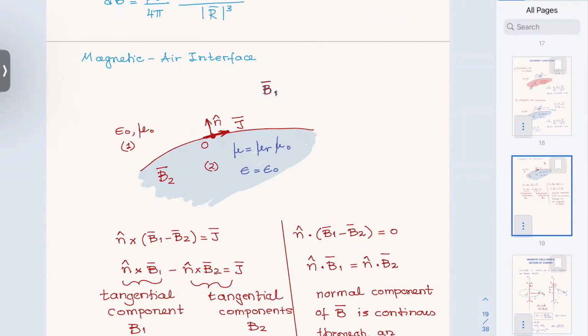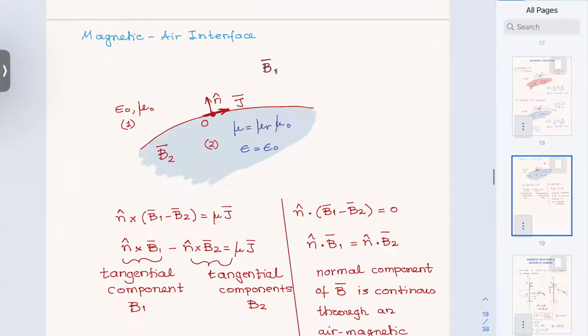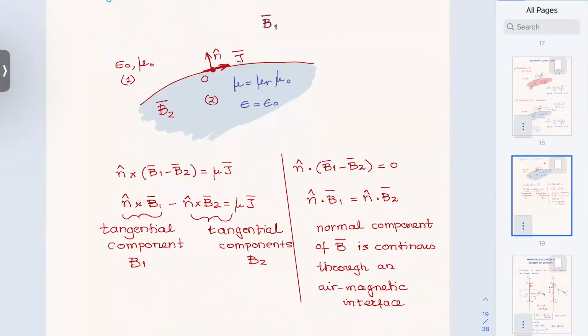Here I left out a mu, so we need to remember that. All right. So the tangential component is discontinuous if there is a current. The normal component is continuous no matter whether there is a current or not.